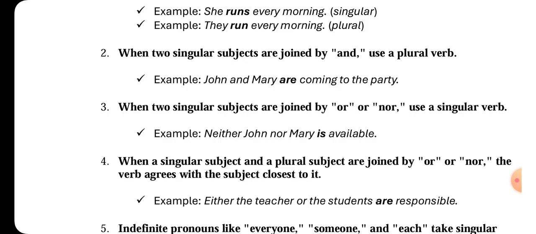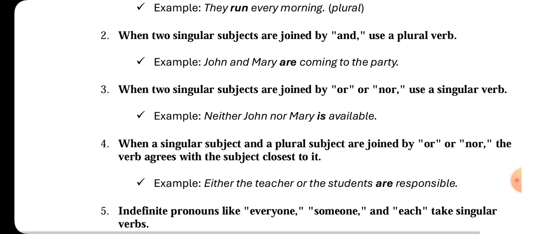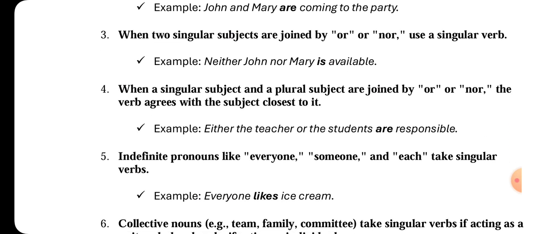Let's look at the example: neither John nor Mary is available. So anytime you get either this or that, or neither this nor that, if it is singular subjects joined by or or nor, you have to use is for it. Pay attention to this because it normally creates a lot of confusion.